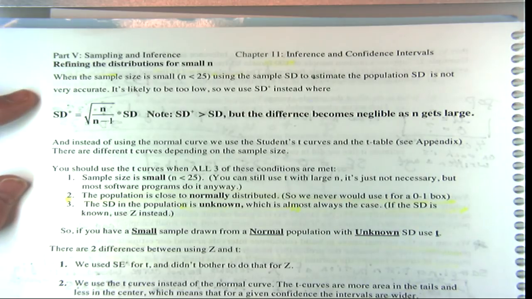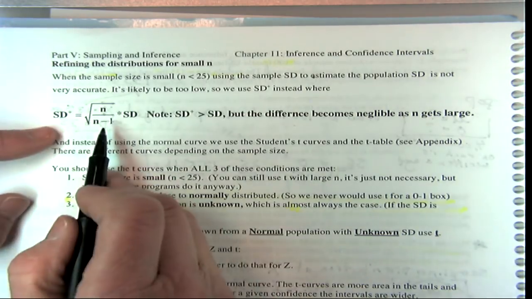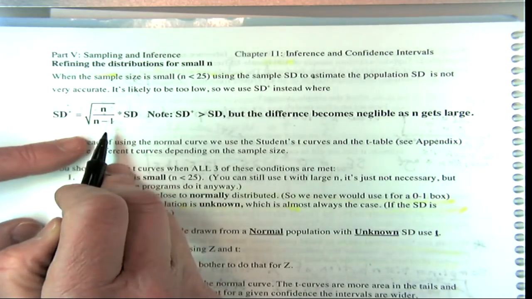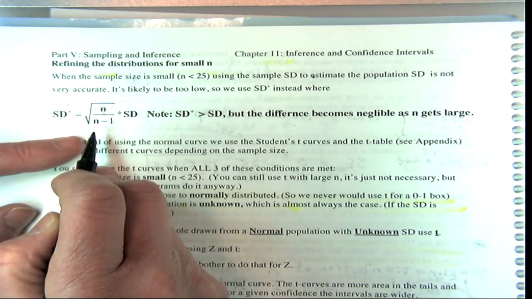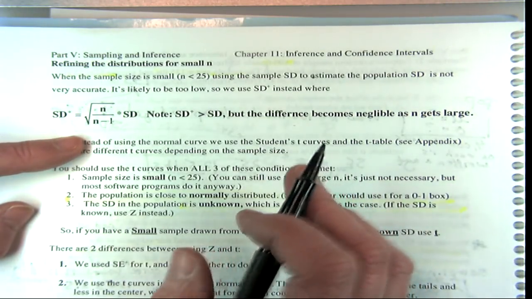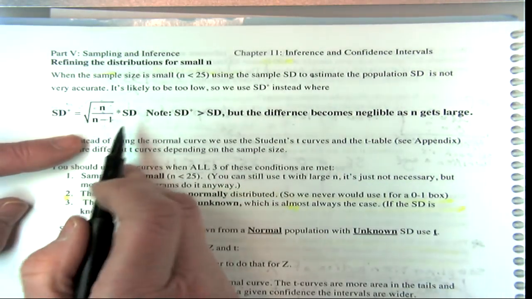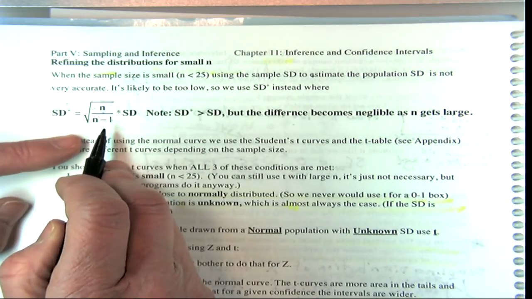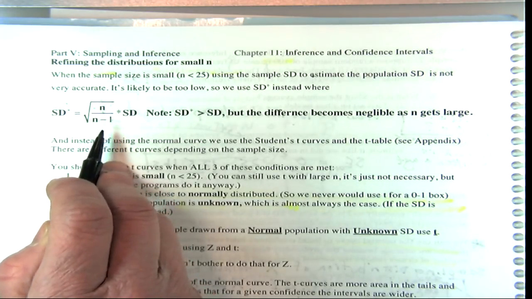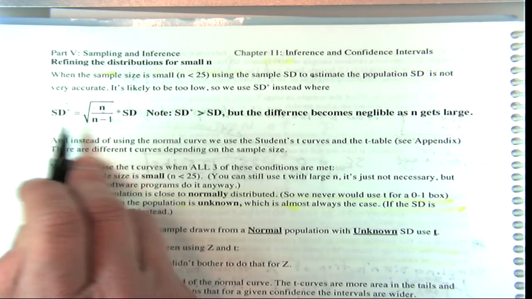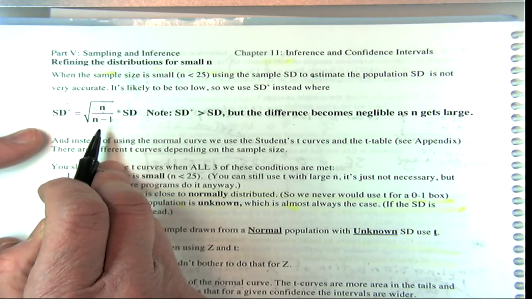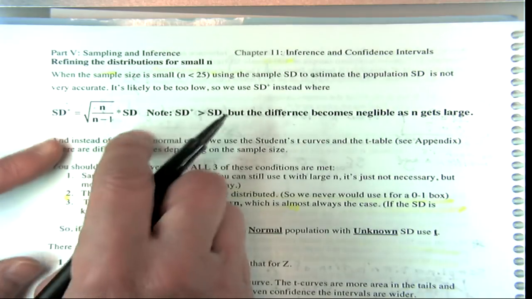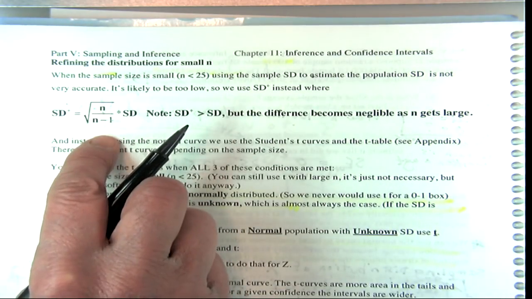So no matter how big your sample size is, doing this will make a better estimate. But you can see as n gets large, this gets very close to 1, so it's hardly worth doing after about 25. But if you're using software, as most people are, they're pretty much always going to make this adjustment, because if you square that, it's called an unbiased estimate of the variance.